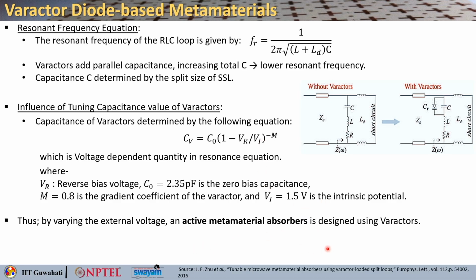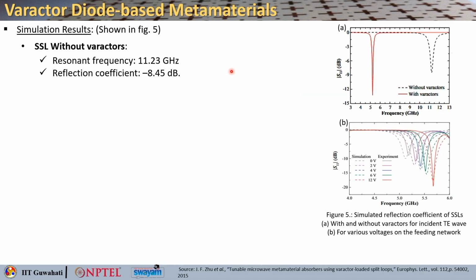So thus you can see that when you vary the external voltage, an active metamaterial absorber can be designed using varactors, because this value will change, and that will change the resonance frequency of the whole structure. So here are some simulation results.